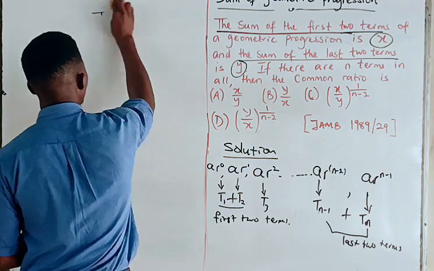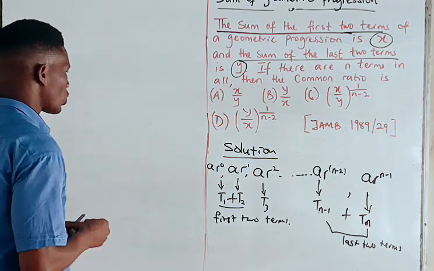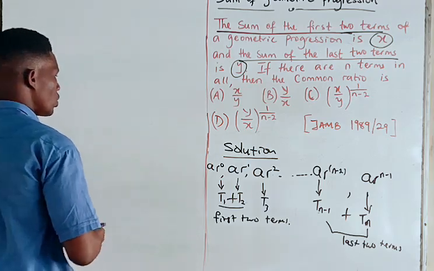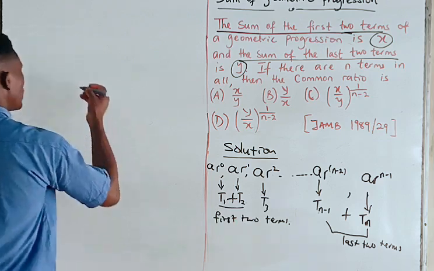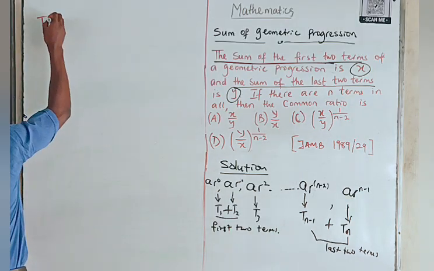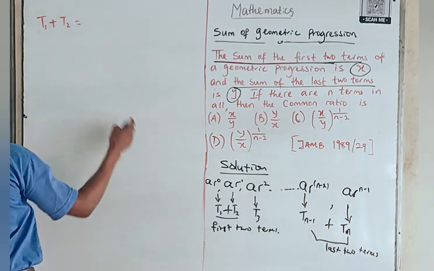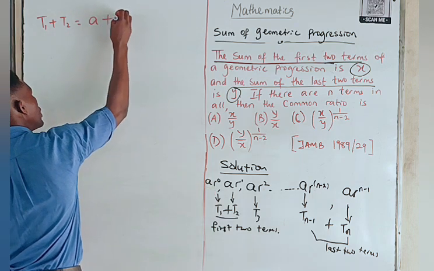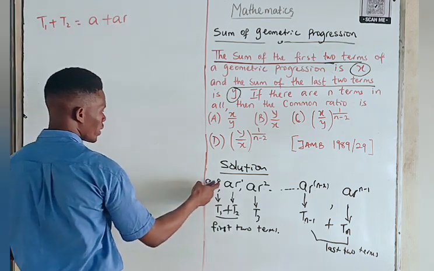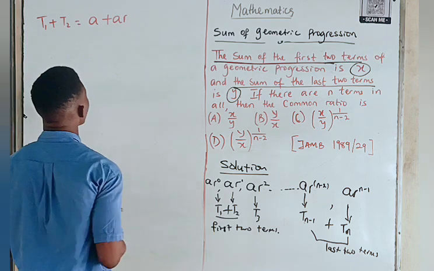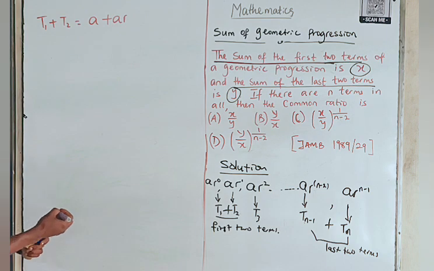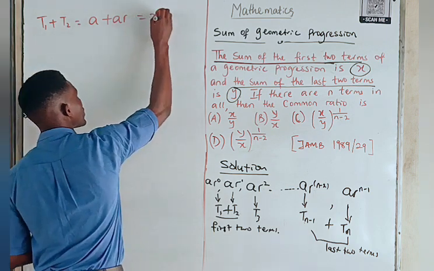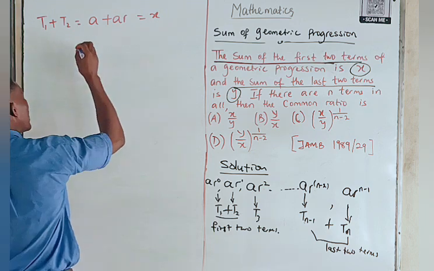The sum of the first two terms, that is T1 plus T2, is A plus AR, because A raised to power 0 gives A, and we are told that it equals x.